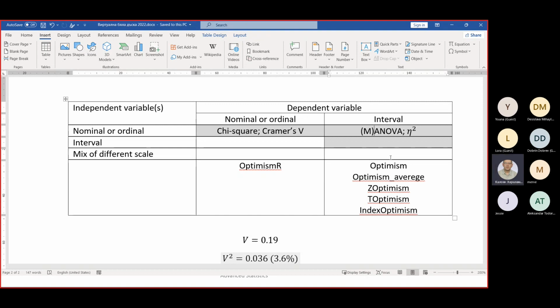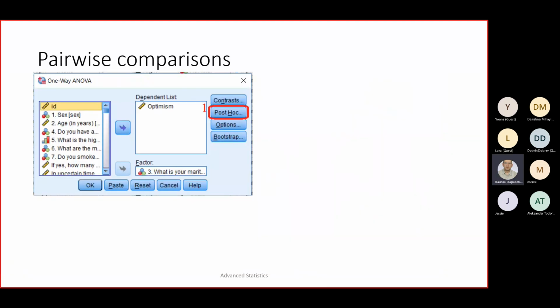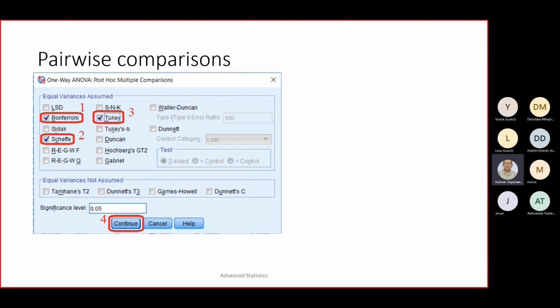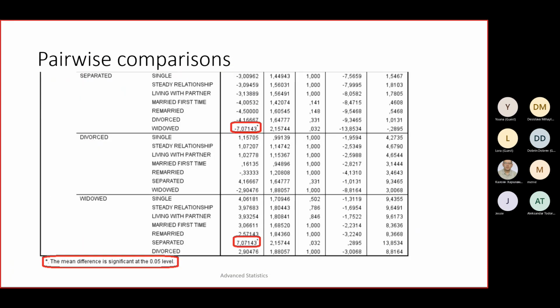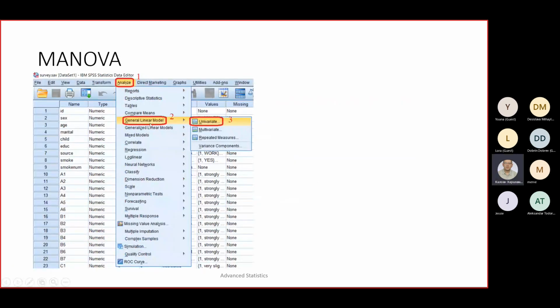But there is another option. In SPSS it is called general linear model, and then univariate.